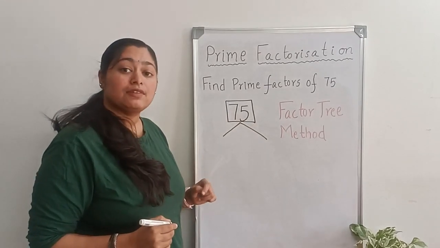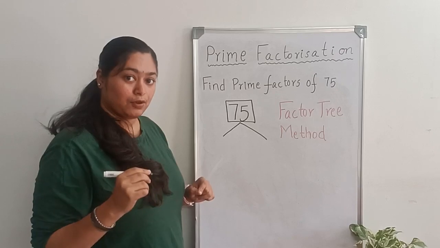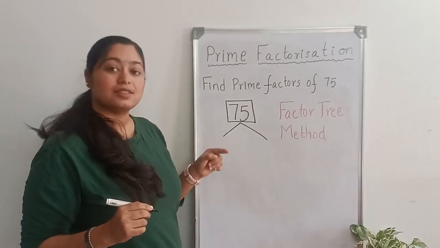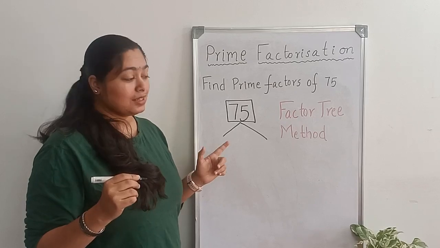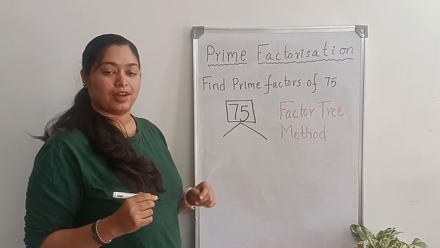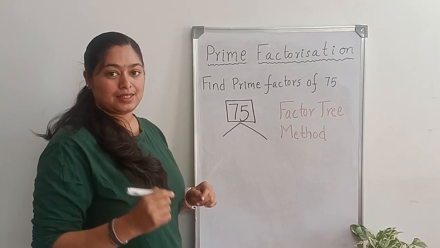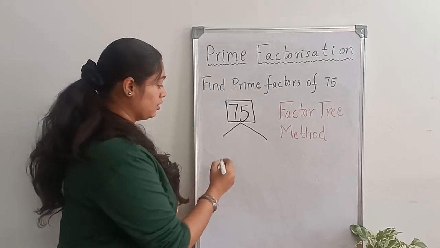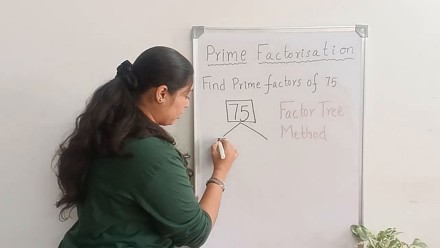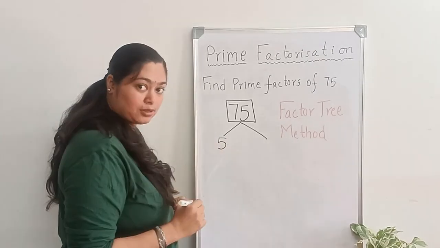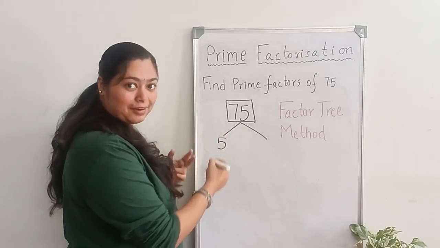Here, let me use the divisibility rule of 5. If you remember the rule, if the last digit is a 5 or a 0, the number is divisible by 5. Which means I can happily say that 5 is one of my factors. So let me write 5 as one of the factors, just like one of the parents.